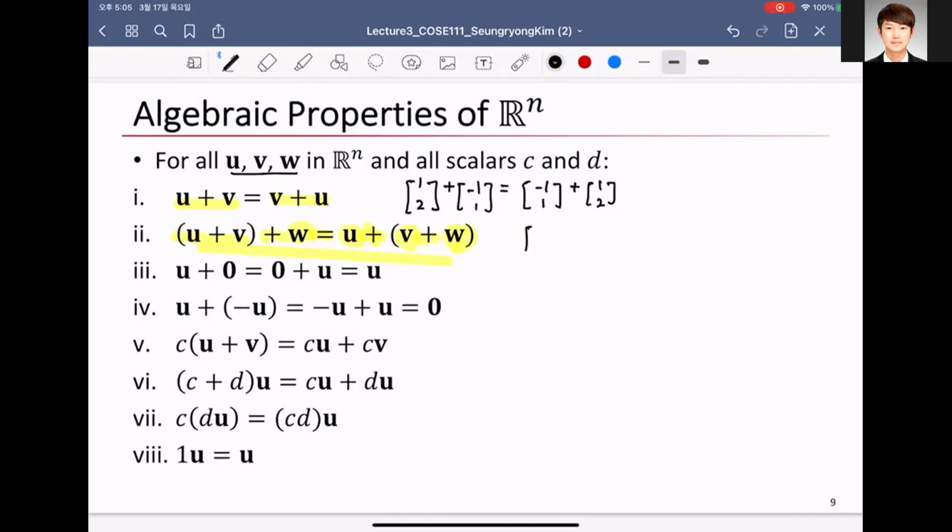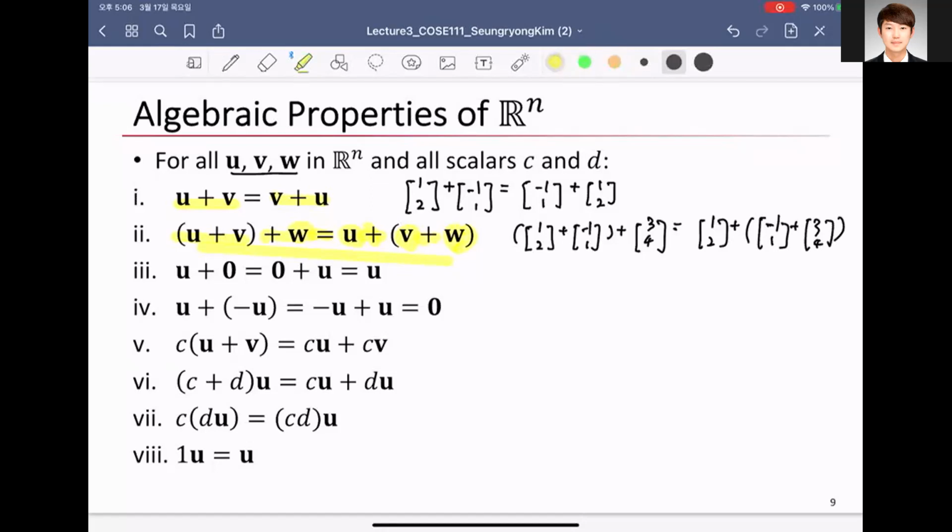For example, u is equal to 1, 2, v is equal to negative 1, 1, and let's say w is equal to 3, 4. Then it's going to be 1, 2 plus negative 1, 1 plus 3, 4, right?